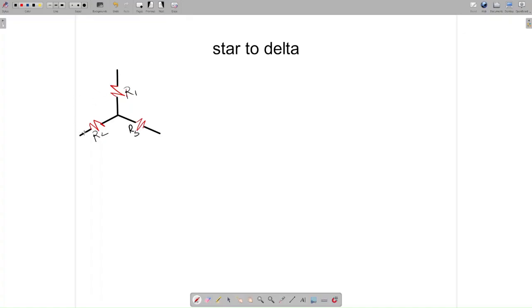So what will be the equivalent resistance in the delta? That will be RA dash, RB dash and RC dash.